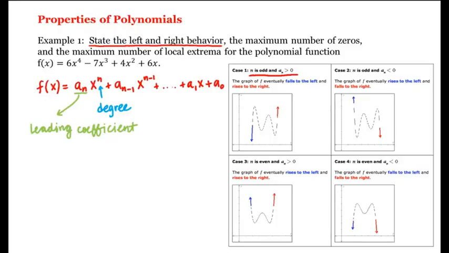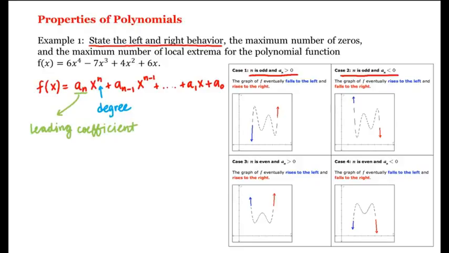And as x goes to negative infinity, then x^n will also go to negative infinity. And because a sub n is positive, then the graph will eventually fall without bound as x goes to negative infinity.